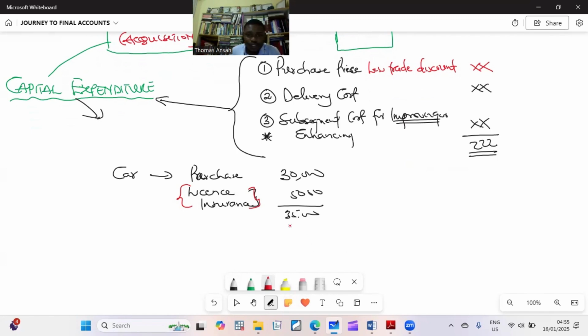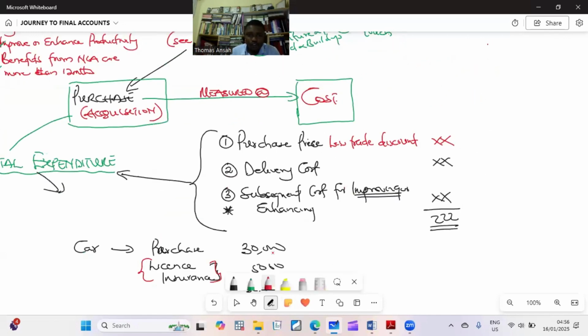But you see, when we said the definition of a cost, we said that it includes all costs or all sacrifices incurred in bringing the asset to its useful state, all expenses you incur to bring the asset, in this case our NCA, to useful state.